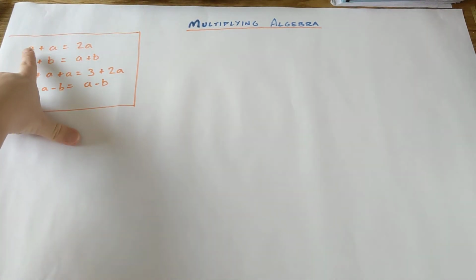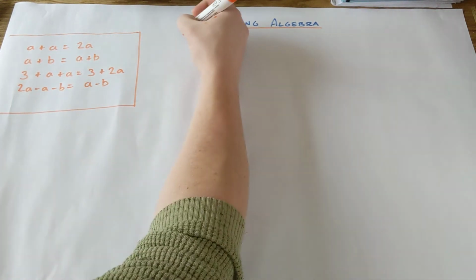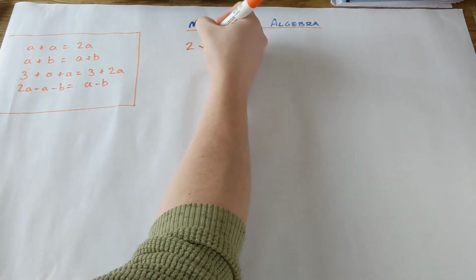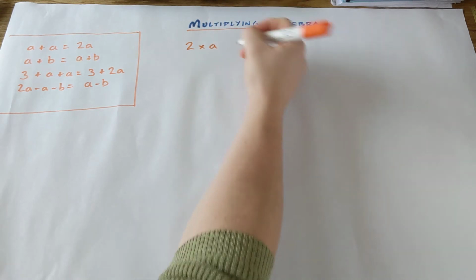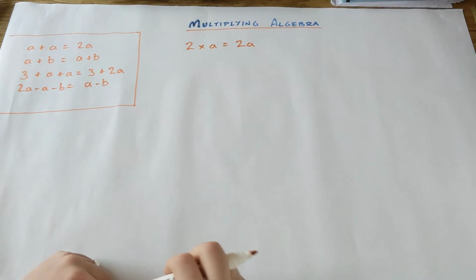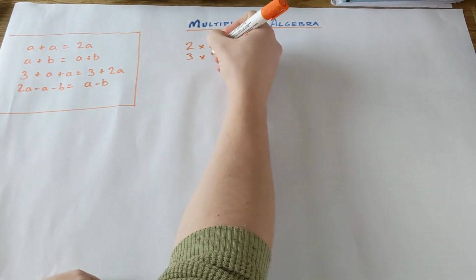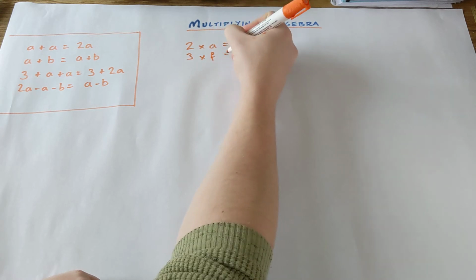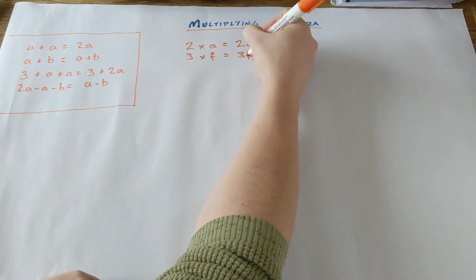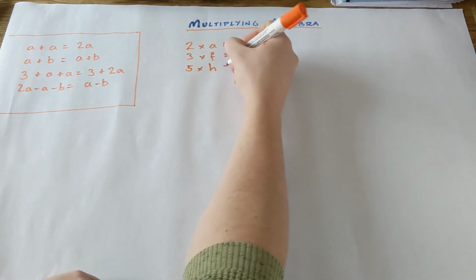If I've got an A plus an A, it means I've got two lots of A, which is 2 times A. So if we're doing calculations like 2 times A, I can just write that as 2A. 3 times F, I can just write that as 3F. 5 times H, I can write that as 5H.